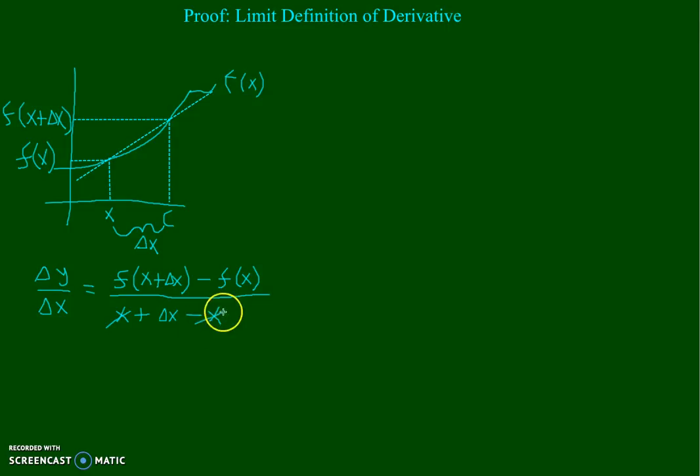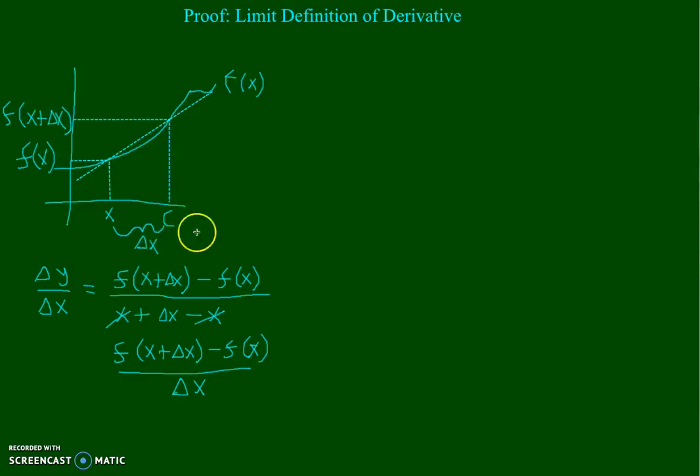These x's cancel out, and what we have is f of x plus delta x minus f of x all over delta x. Now this is commonly referred to as a difference quotient, because it's the difference of the y's over the difference of the x's. So this gives us the slope of a secant line along this curve.